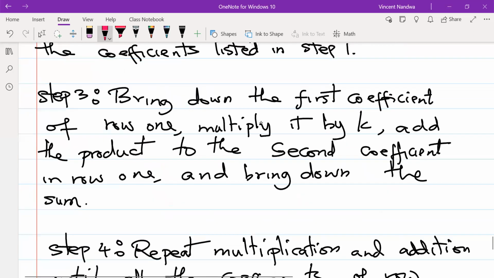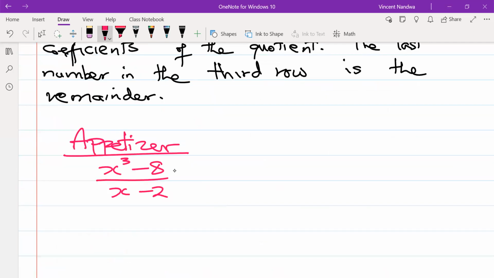Now, what is the degree of the dividend? I'm asking what the degree of the polynomial x cubed minus 8 is. 3, okay? The highest power of x is 3.